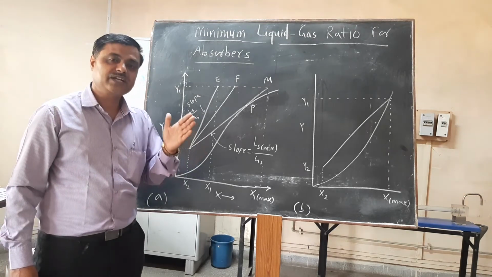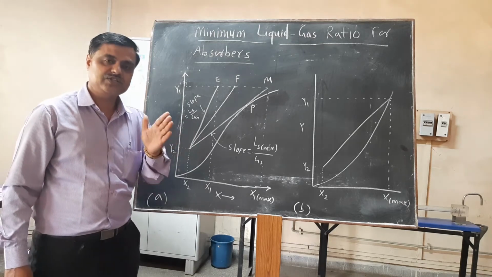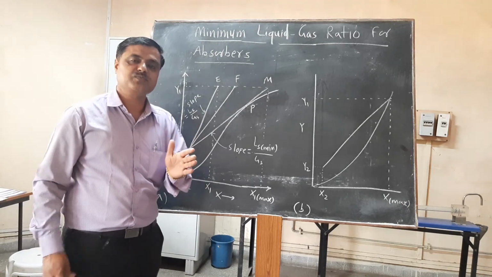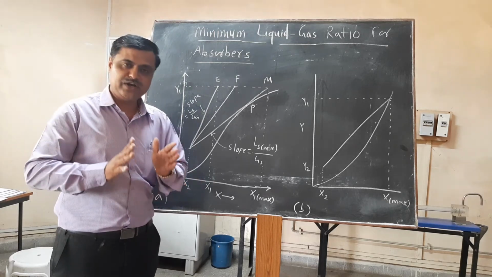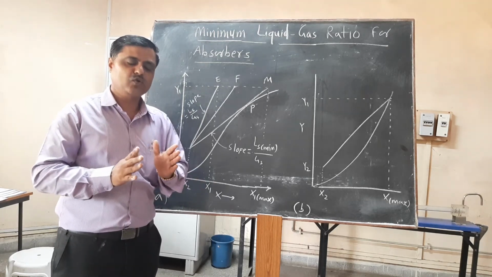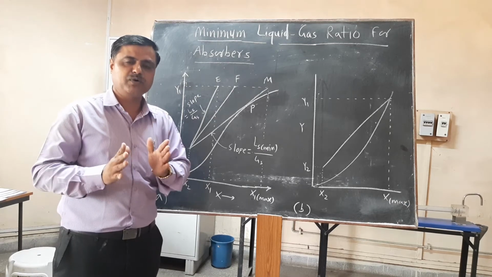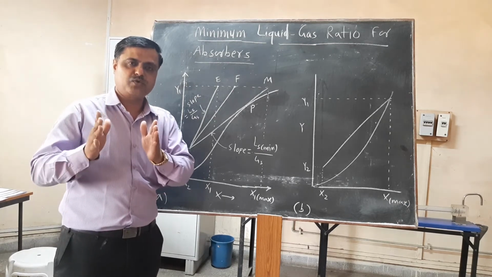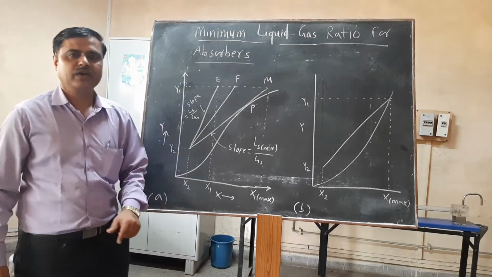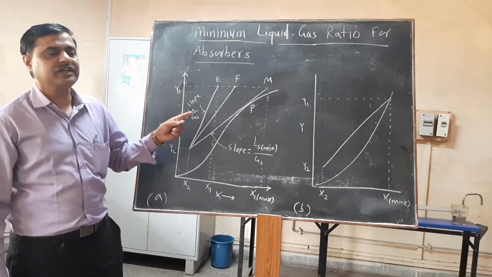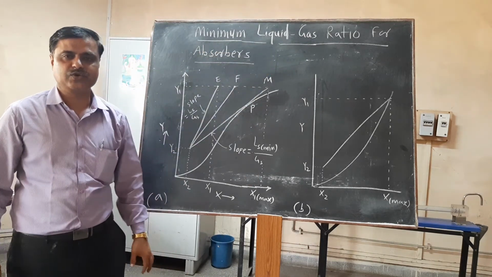The solute is transferred from the gas phase to the liquid phase in absorption, and in the stripper the solute is transferred from the liquid phase to the gas phase. The driving force in absorption is from gas phase to liquid phase, and in the stripper it is from liquid phase to gas phase. Therefore, in the stripper we consider the maximum liquid to gas ratio.